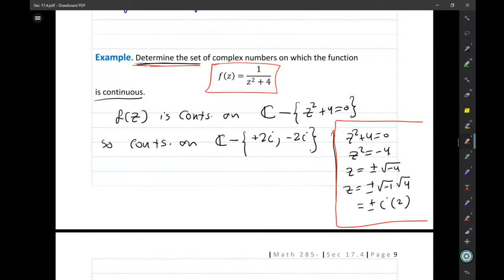Take 4 to the other side: z squared is equal to minus 4. z will be plus or minus the square root of minus 4. So z is equal to plus or minus the square root of minus 1 times the square root of 4. The square root of minus 1 is i, and the square root of 4 is 2.